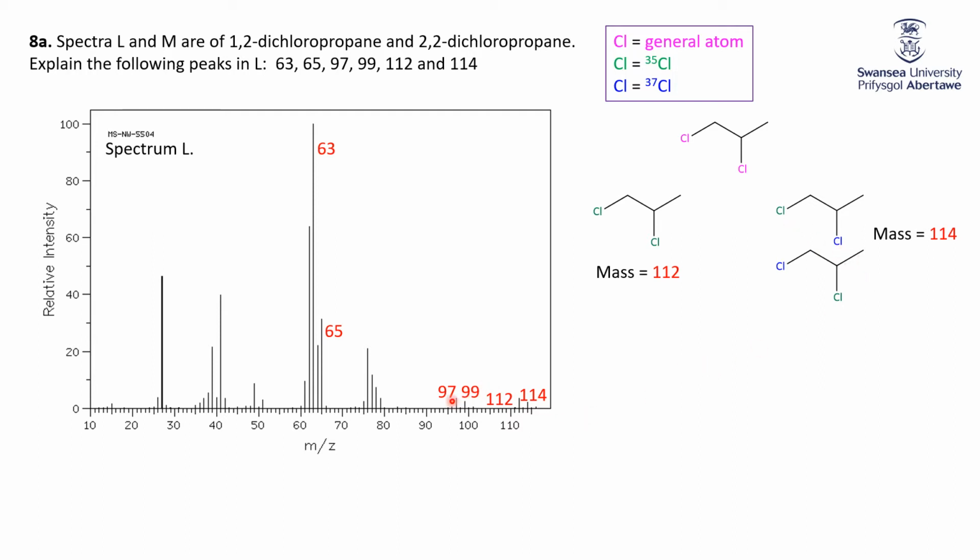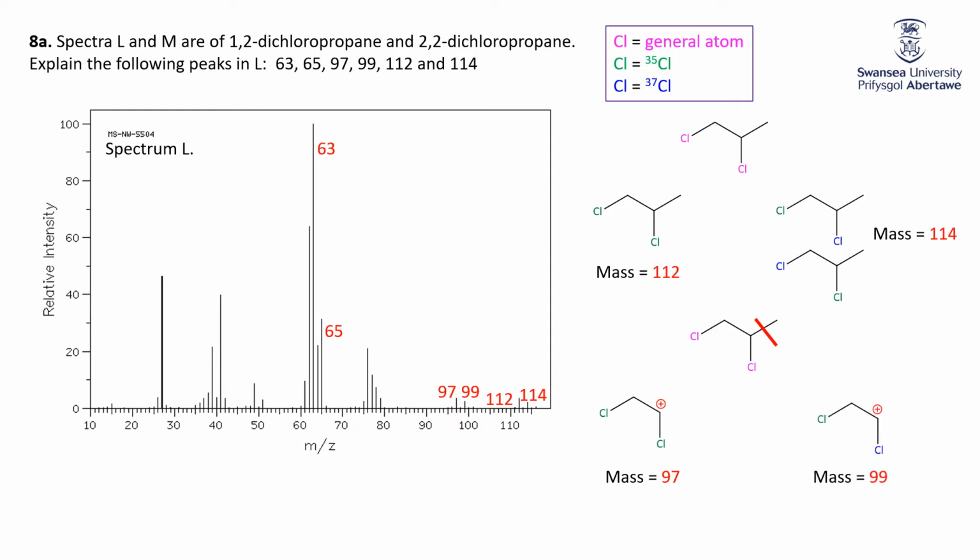Now let's go to 97, 99. Well, going from 112 to 97 is a gap of 15. Going from 114 to 99 is a gap of 15. So we're going to presumably have lost a methyl group. So break that off and look first of all at the situation where we've lost the methyl group. Both of the chlorines are chlorine 35, and that's a mass of 97.